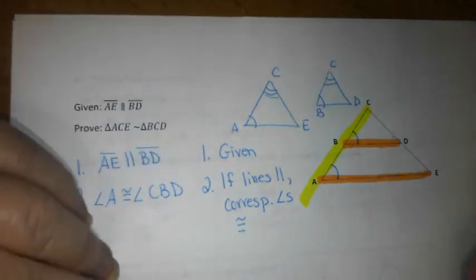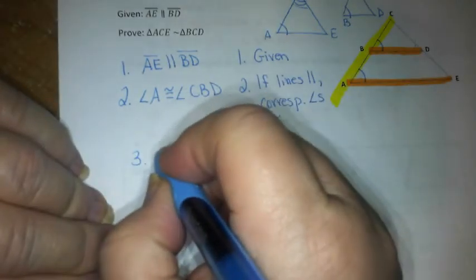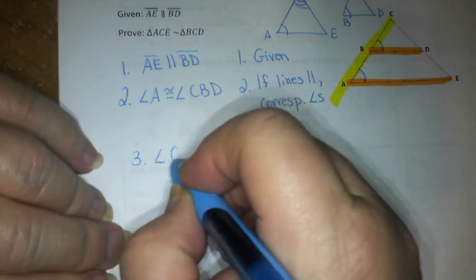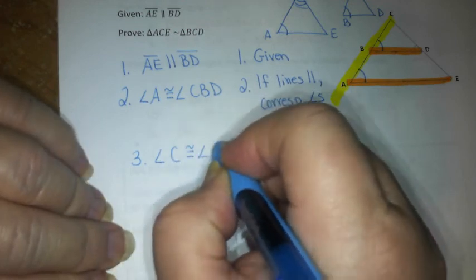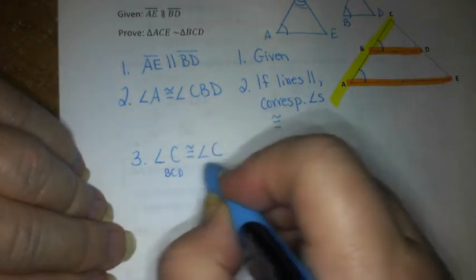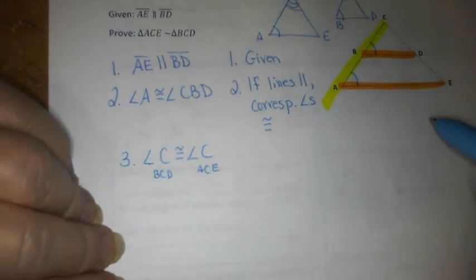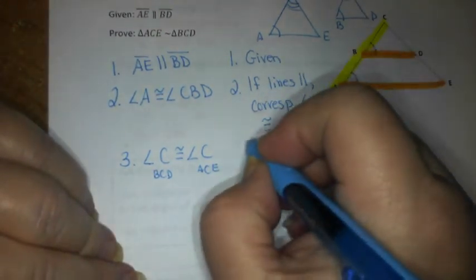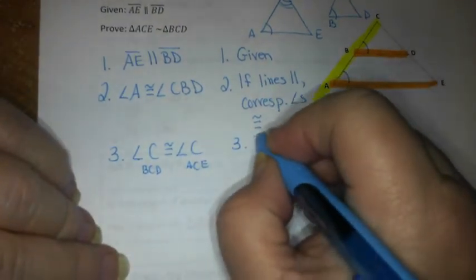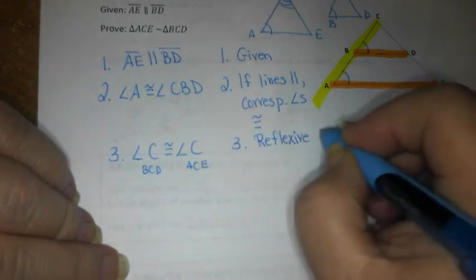We have a property for that. So I could say that angle C is congruent to angle C. This one's referring to angle BCD and this one's ACE, but they're the same thing. It's the same angle. And what's the rule that says everything is equal to itself? You're looking in a mirror. It's the reflexive property.